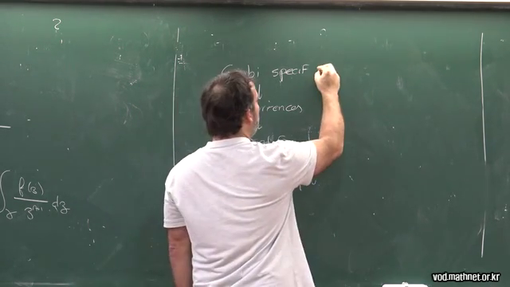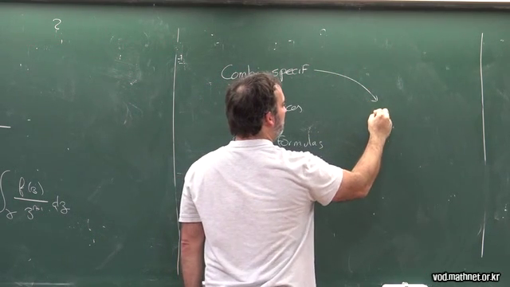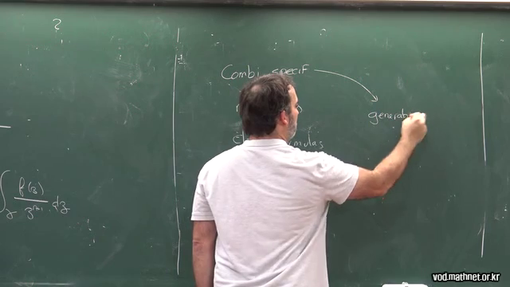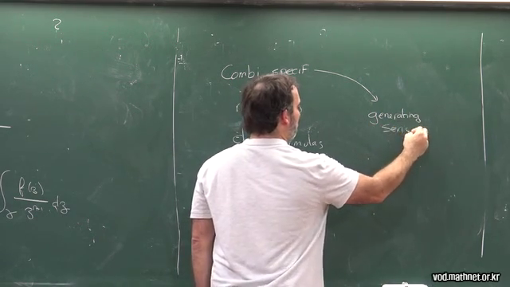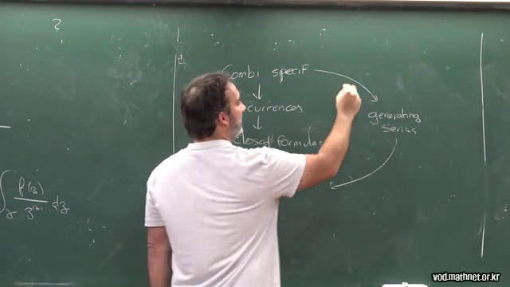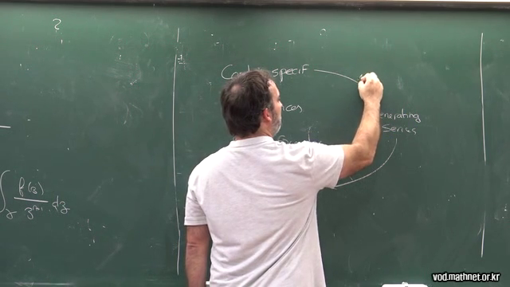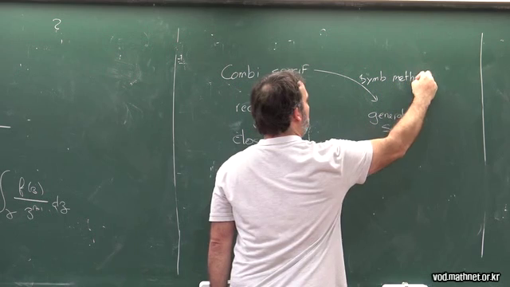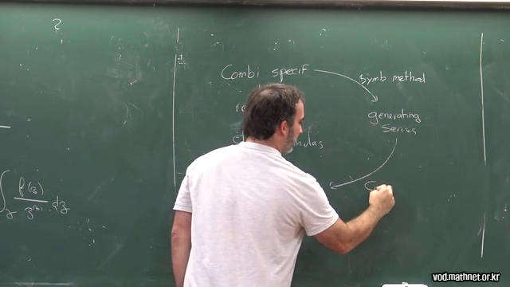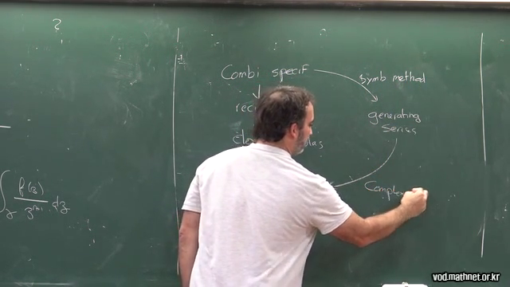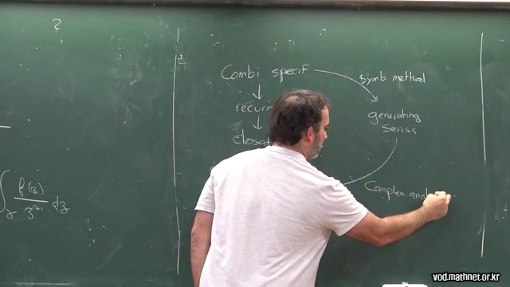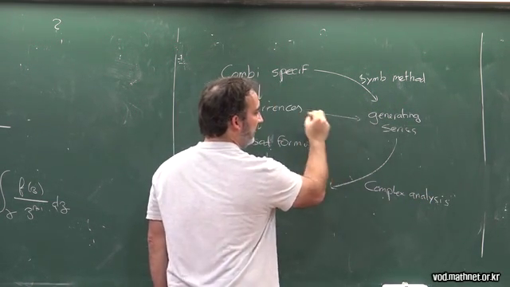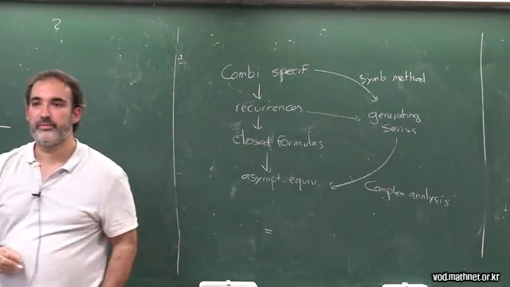And what we are doing is to go to generating series and then directly here using, so this is the symbolic method, and this is complex analysis. And also, if you have a recurrence, you can try to do it this way. Okay, I will stop here.